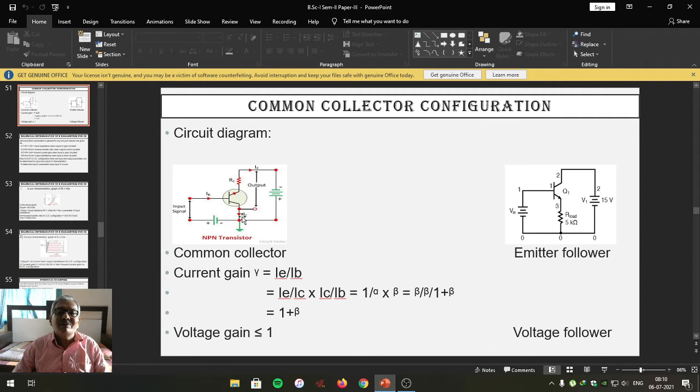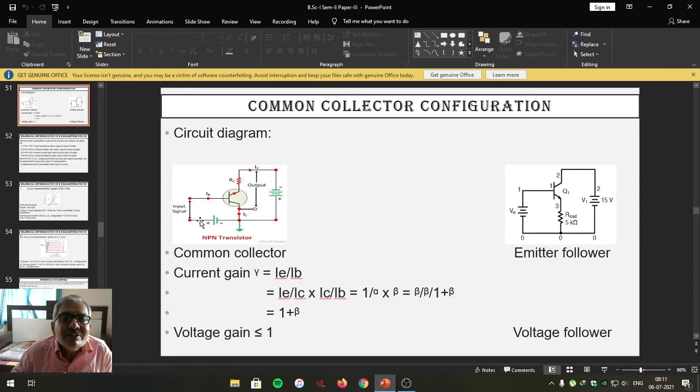That's why it is grounded. Another aspect is that the input signal to be amplified is applied between base and collector, whereas output is taken across emitter and collector. This is the reason why it is called common collector configuration.